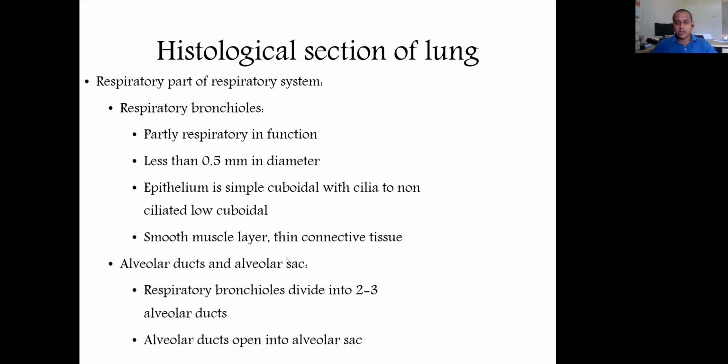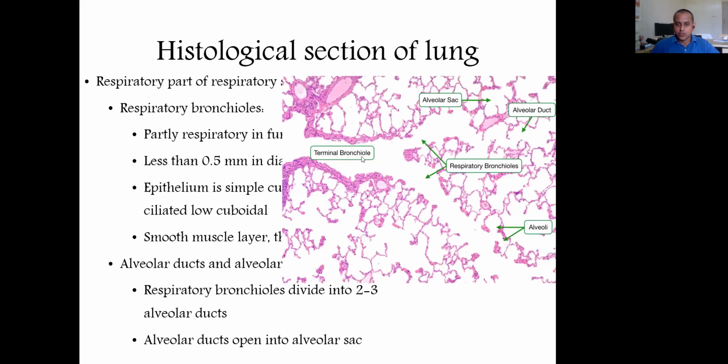Then comes alveolar duct and alveolar sac. So here you can see this is the terminal bronchiole and this is the respiratory bronchiole. Further it goes into the alveolar duct. Now all this part is respiratory in function.